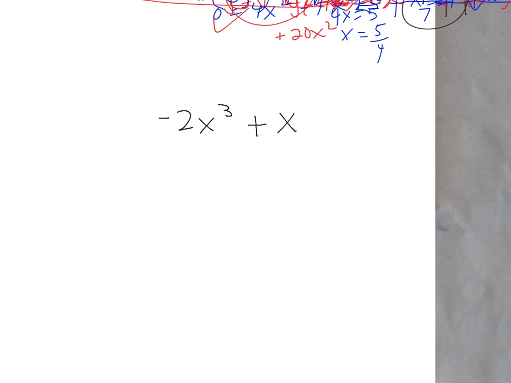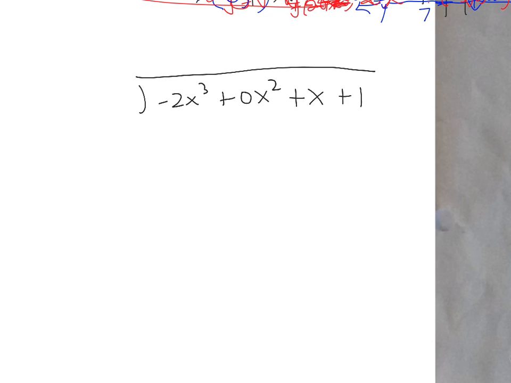So what you would want to do is make sure you write an x squared term. So just write it as 0x squared. All right, so let me move that up. So we actually want to write this as negative 2x cubed plus 0x squared, because I don't have an x squared term, plus x plus 1. And you want to hold that space so you don't forget about it. And I'm dividing by x plus 3.